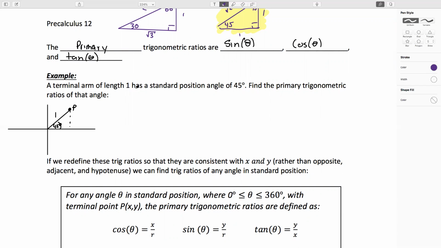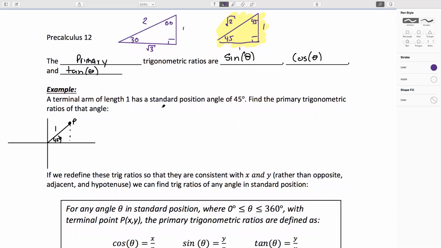Okay, so I know that sine is opposite over hypotenuse. So sine theta is going to be opposite over hypotenuse. That's going to be 1 over root 2. Okay, and cos theta, cos is opposite over adjacent. From 45 degrees, that's 1 over 1.